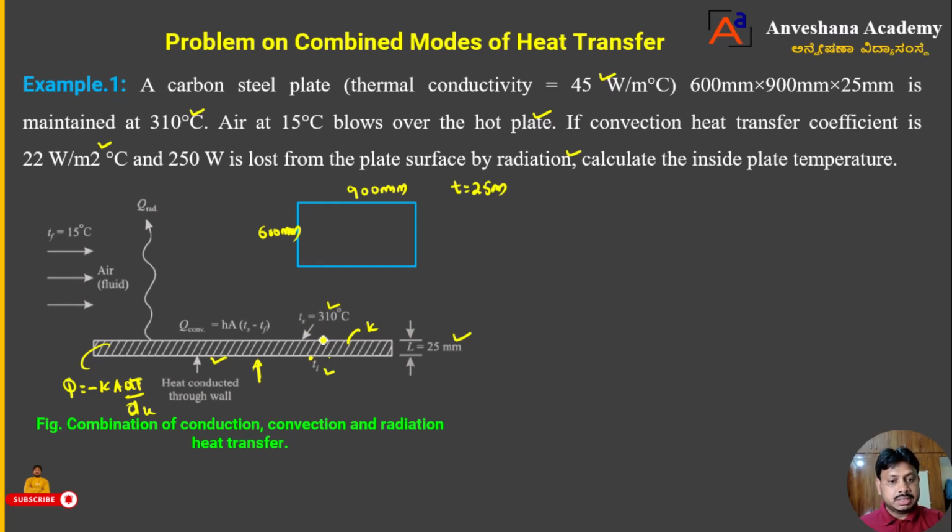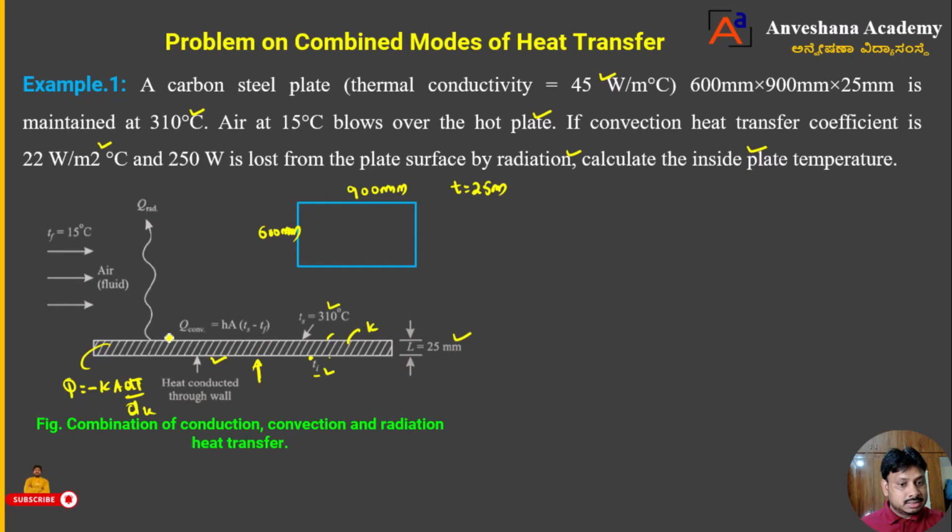That means the temperature of the surface of the plate he has given, that is 310 degrees Celsius, but he has not given the inside temperature of the plate, and he is asking to calculate that itself, the inside temperature of the plate. That means we don't know Ti, we need to calculate Ti, but he has given the surface temperature of the plate as 310 degrees Celsius. Fine, that I have marked.